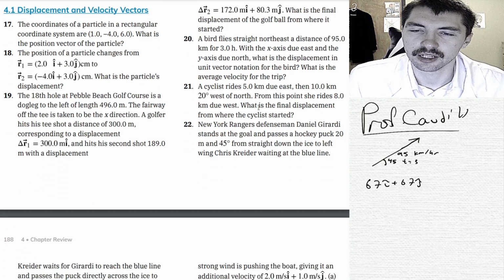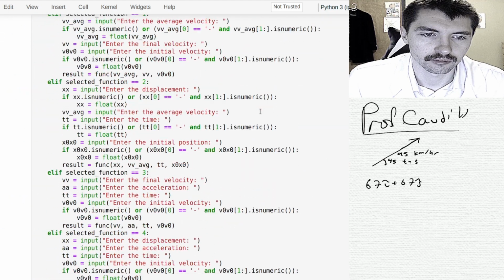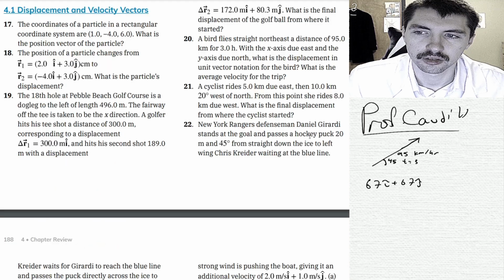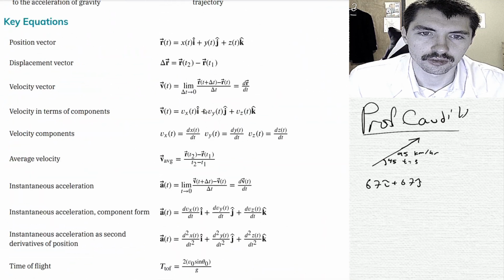All right. What's average velocity? So we can do this, but I think the book wants us to use this.